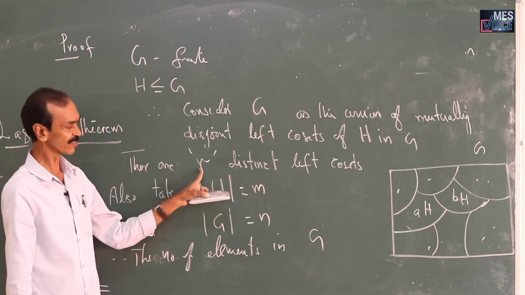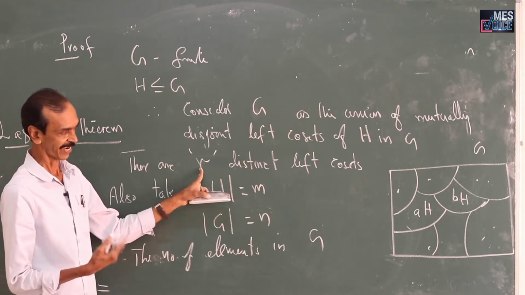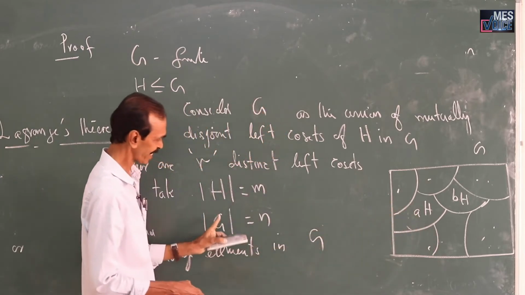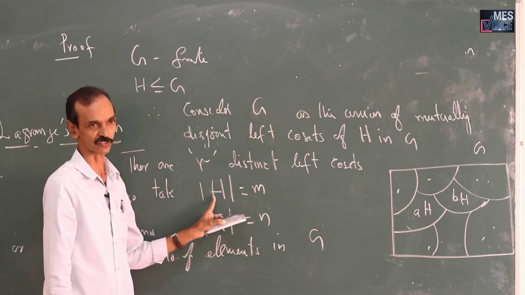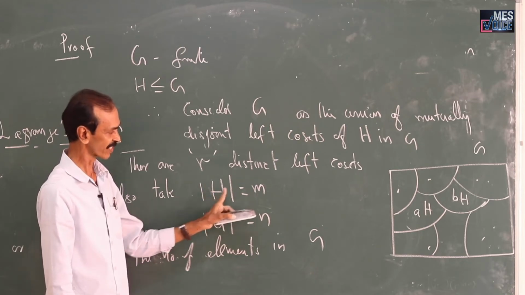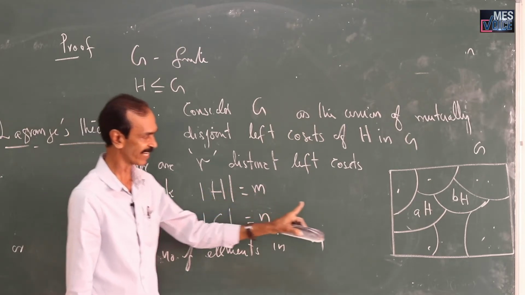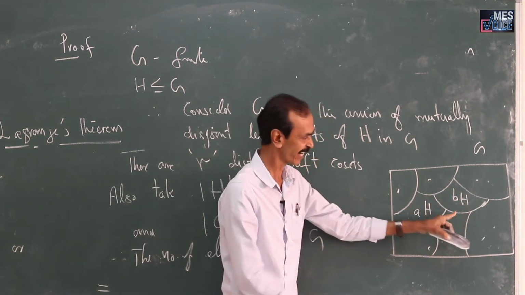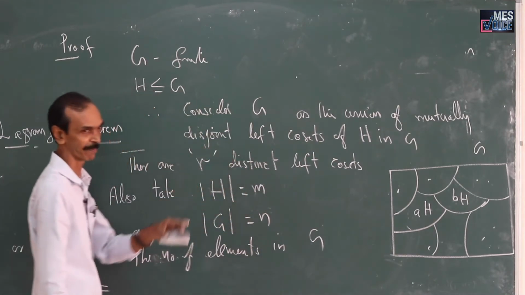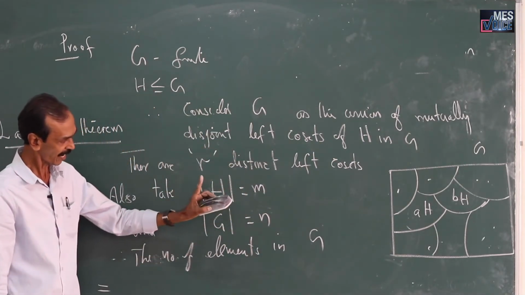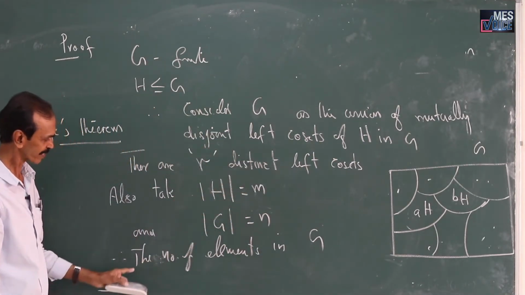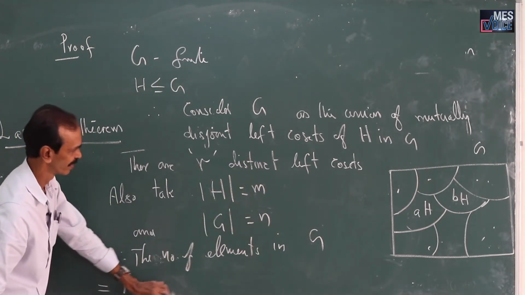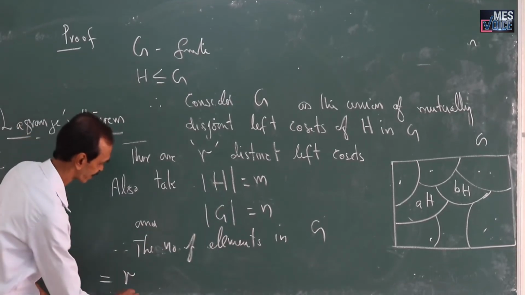There are R cosets, and each coset has as many elements as H. In H there are M elements, so in AH there are M elements, in BH there are M elements, in any other coset there will be only M elements. Since there are R such cosets, what is the total number of elements in G? R times M, that is R into M.